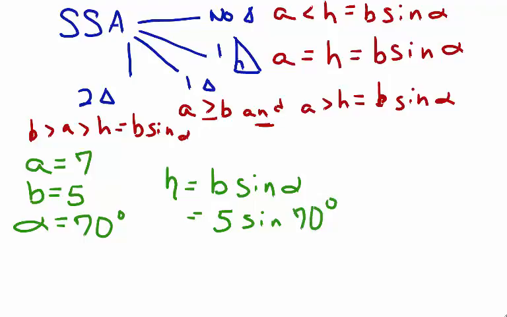What we're finding is this portion right here. H equals B sine of alpha. 5 times sine of 70 degrees is approximately equal to 4.70.